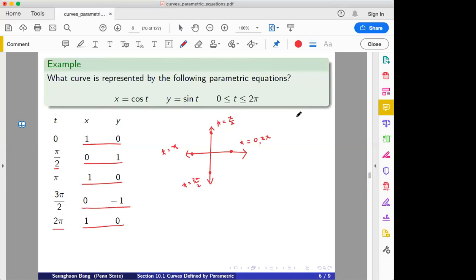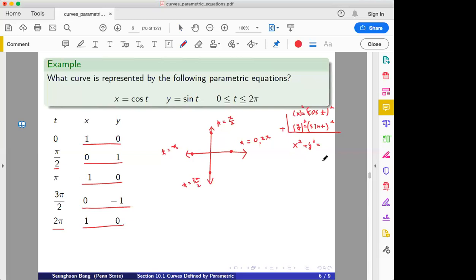So here, x equals cosine of t, y equals sine of t. You can square both sides and add these two equations. x squared plus y squared equals cosine squared plus sine squared.